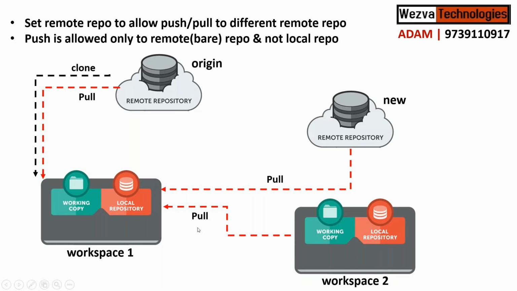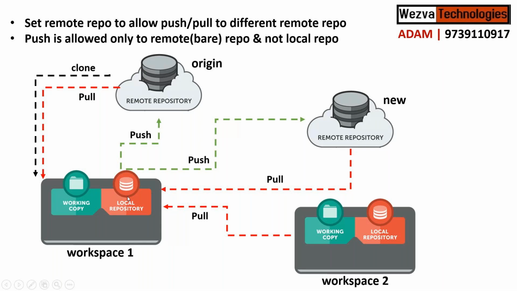But if I want to push some changes, then I can push only from my local repository to a remote repository. That remote repo can be your origin or it can be another new remote repo. But remember, by default, you cannot push from one local repo to another local repo. But you can pull from one local repo to another local repo.